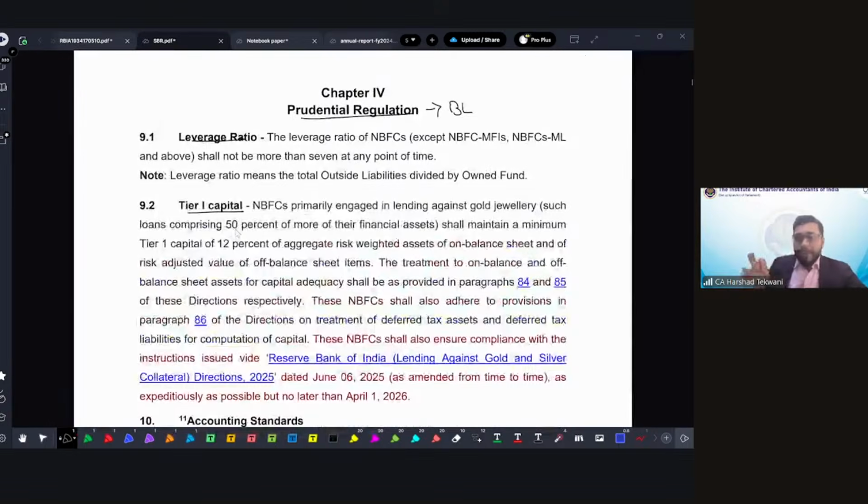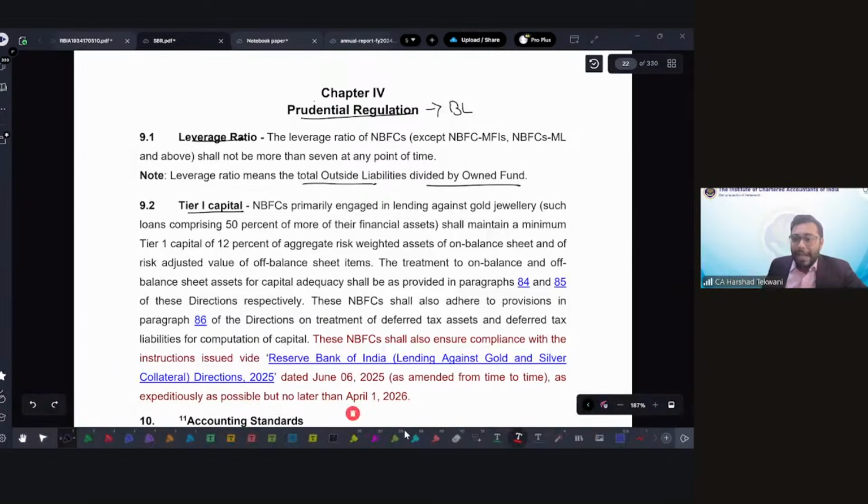Okay. So first, leverage ratio. Now, leverage ratio means total outside liability divided by own funds. Okay. Leverage ratio is total outside liability divided by own funds. And that has to be maintained at 7. It shall not be more than 7. Maximum it can go up to 7 at any point in time in a particular year.